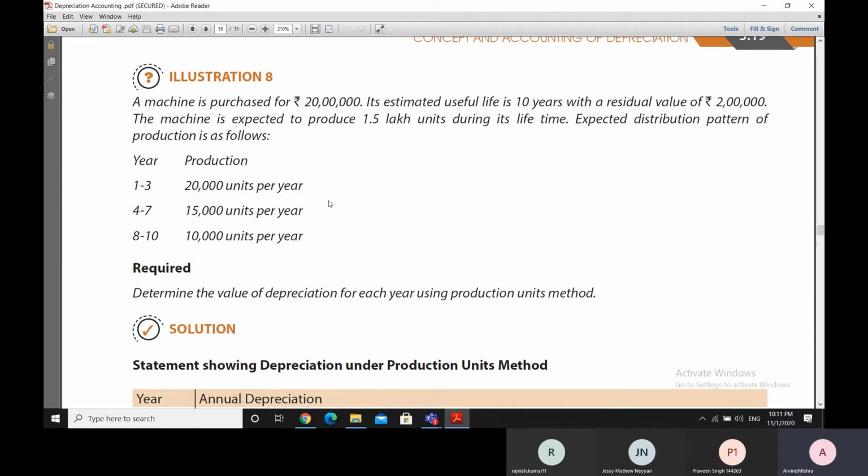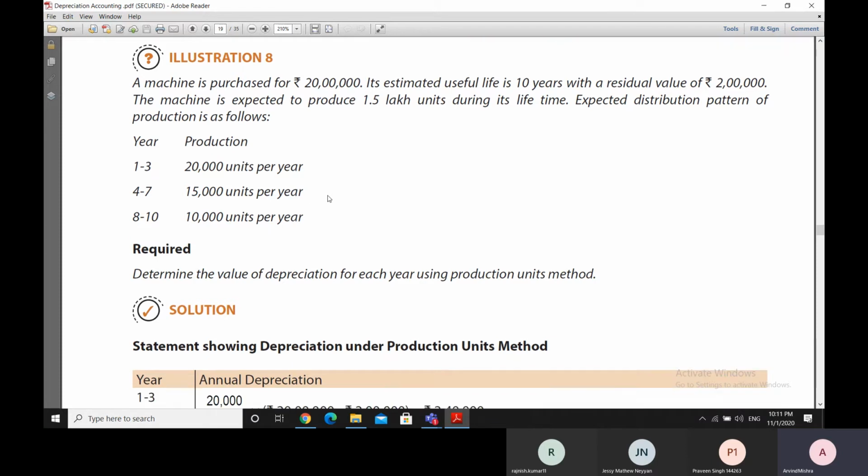Now this machine is expected to produce in all 1.5 lakh units of the product during its entire lifetime. And the expected distribution pattern is that for the first 3 years it is likely to produce 20,000 units per year of the product. From the 4th to 7th year, it is likely to produce 15,000 units per year.